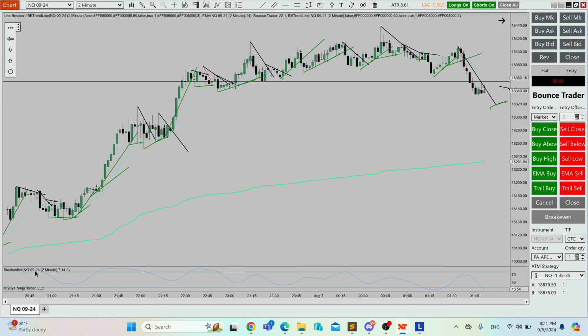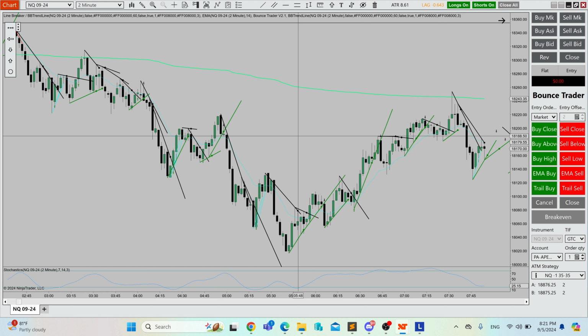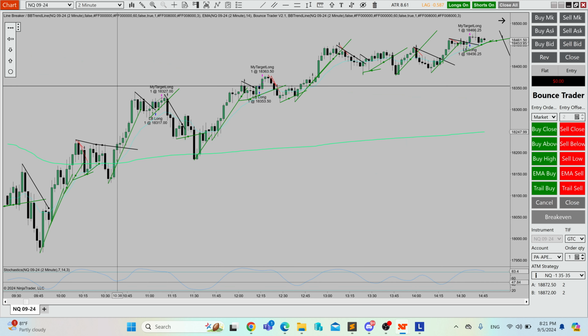That's 30 days' worth of data. Let's see wherever it executed a trade. There was a line break here, but stochastics was not above 80, so it didn't take this trade.